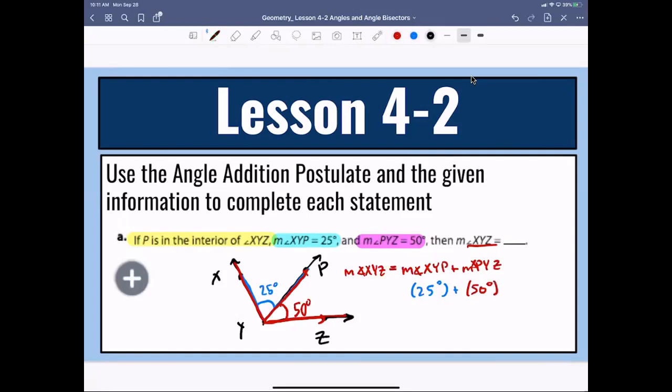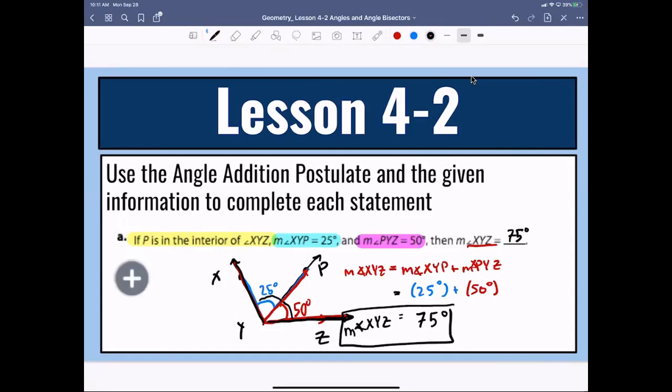We're trying to find this angle right here, XYZ. To get that, we have to add these. 25 plus 50 is 75 degrees. So the measure of angle XYZ is going to equal 75 degrees. And it makes sense, because when you add 50 plus 25, it's 75.